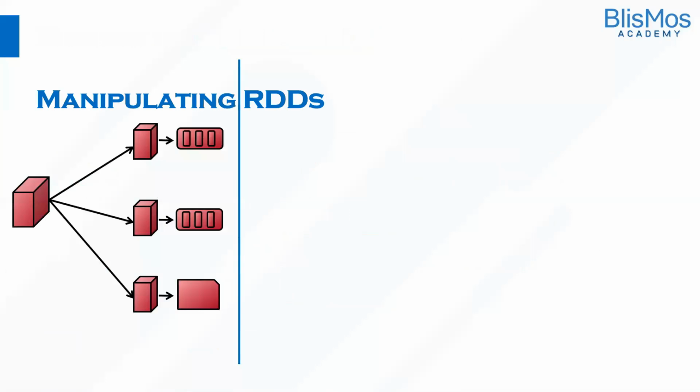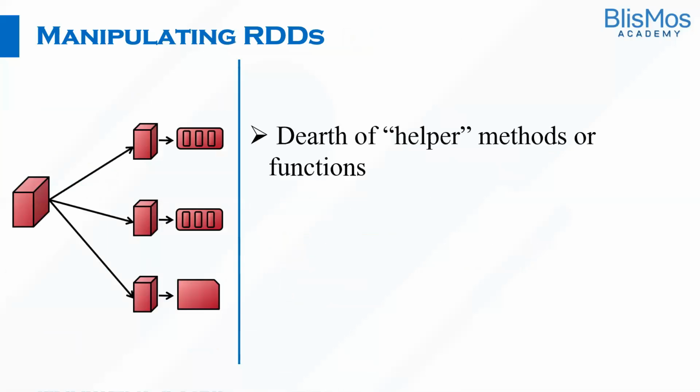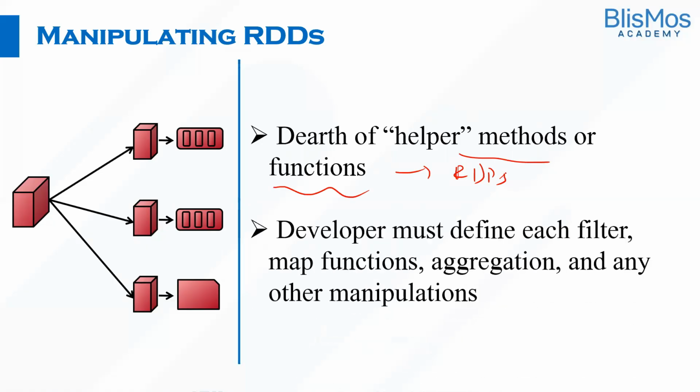Because you have to manipulate the core Java or Scala object, there is also a dearth of helper methods or functions to manipulate the RDDs. Because there is a dearth of helper methods, obviously the developer has to define whether it is a filter, a map function, or an aggregation, and any other manipulation, they have to define these things.